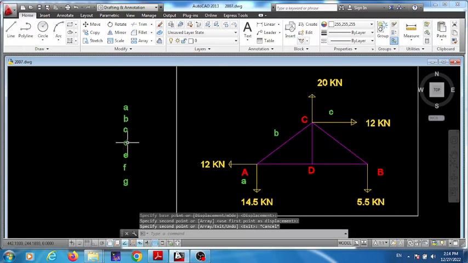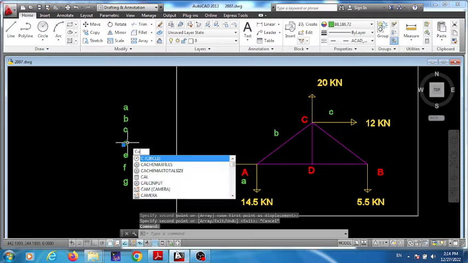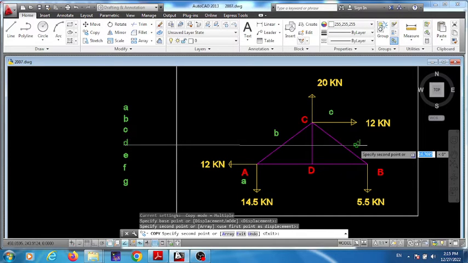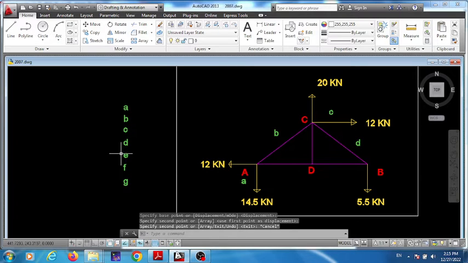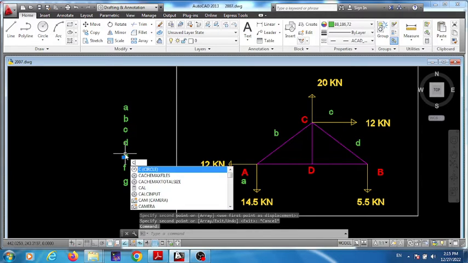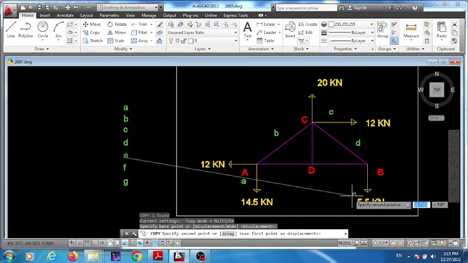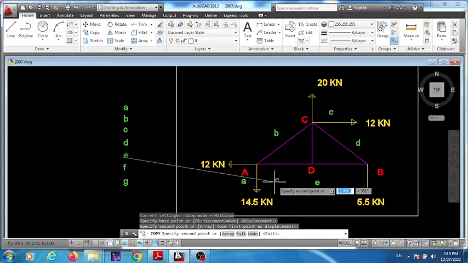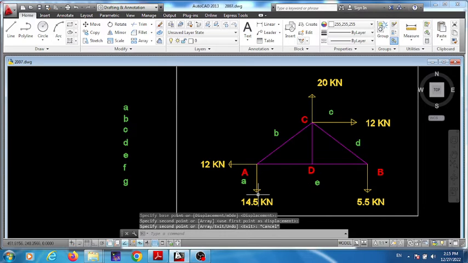Next we will put the letter D in between 12 kilonewton and 5.5 kilonewton. Okay, next we will put the letter E in between the loads 5.5 and 14.5. Okay, so external equilibrium is completed.